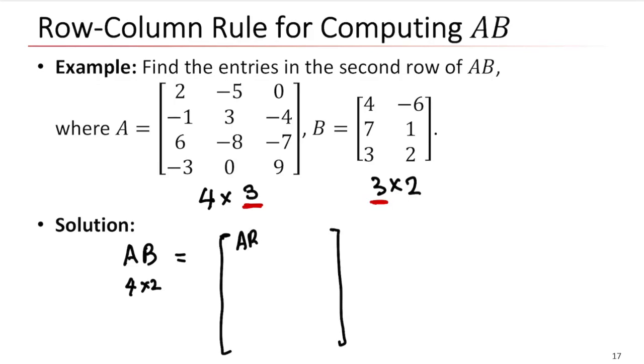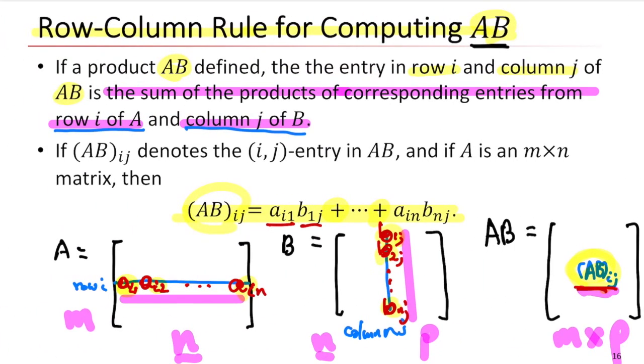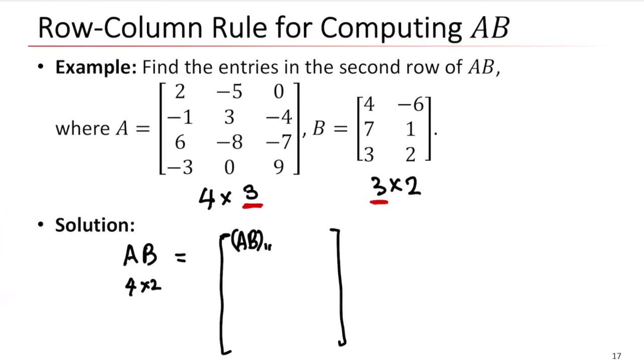So let's see the value one by one. From this rule, we can compute this value by this row and this column, right? So in this case, this will be 2 times 4 plus negative 5 times 7 plus 0 times 3, right?